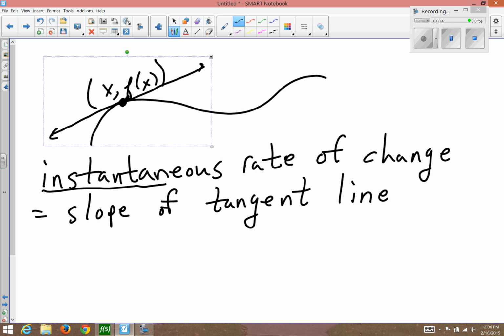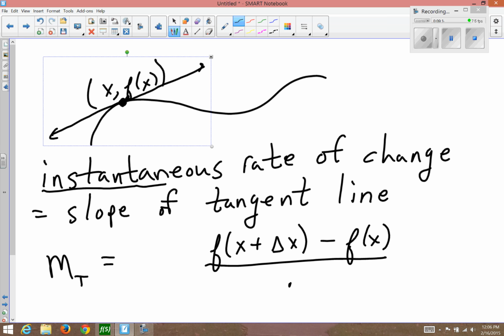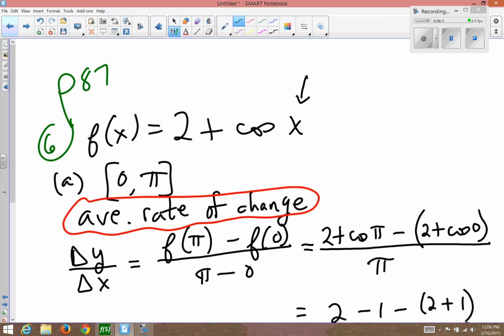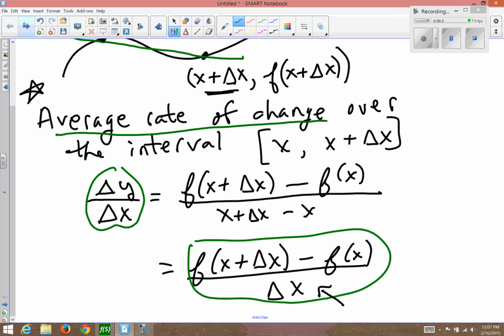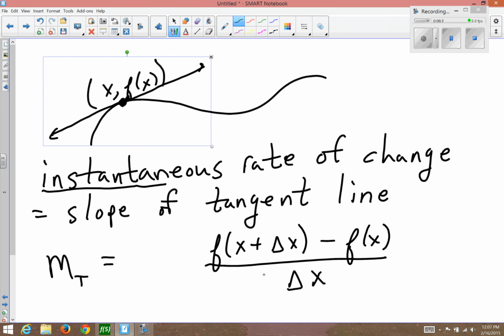And it is symbolized m subscript t, m for slope, t for tangent line. I'll leave a little space here. It's f of x plus delta x minus f of x all over delta x, just like this, except we're going to make delta x 0.